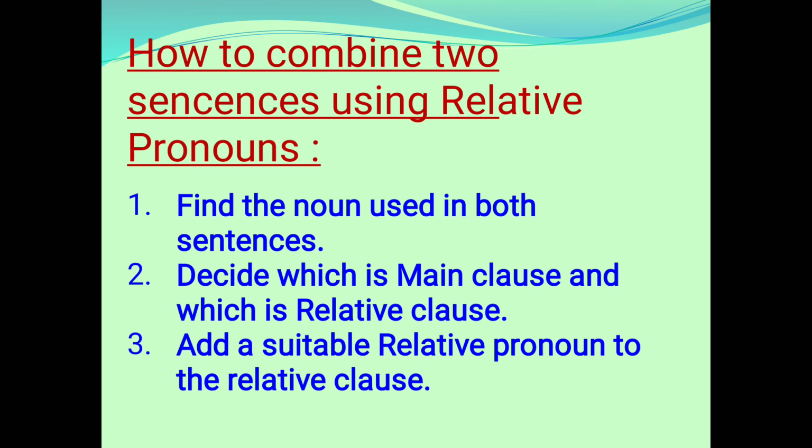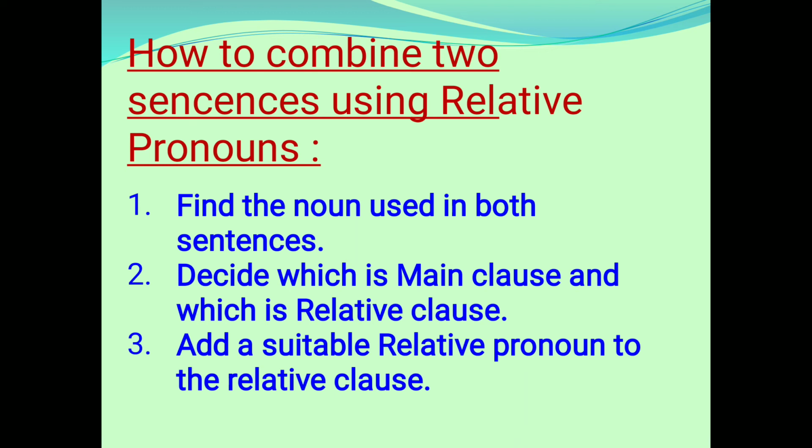Now let us know how to combine two sentences using relative pronouns. There are three steps. The first step is to find the noun used in both sentences. The second step, decide which is the main clause and which is the relative clause. I already told what is main clause and relative clause. The main clause is independent. It gives full sense without depending on any other sentence.